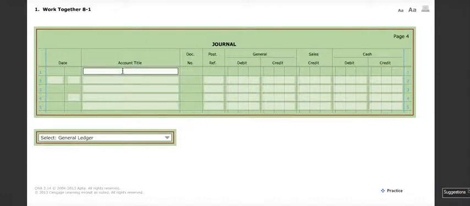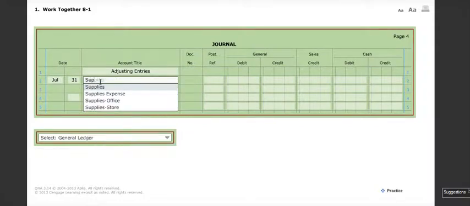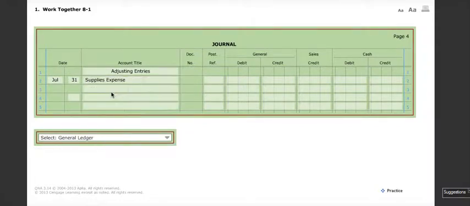So first things first, my account title is going to say adjusting entries because we're only journaling our adjusting entries. Our date was July 31st. I'm going to use my A, which first was supplies and supplies expense. So supplies expense is going to go first because I always do debits before credits.